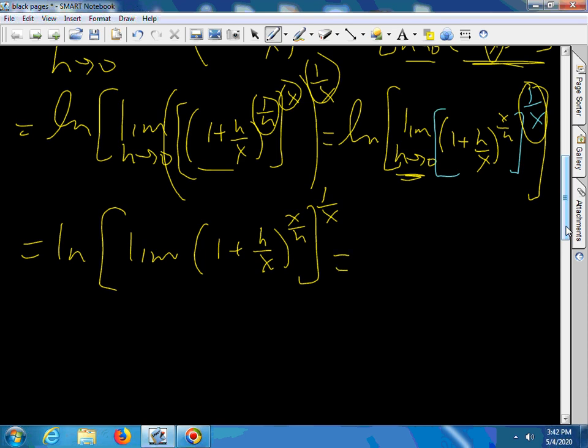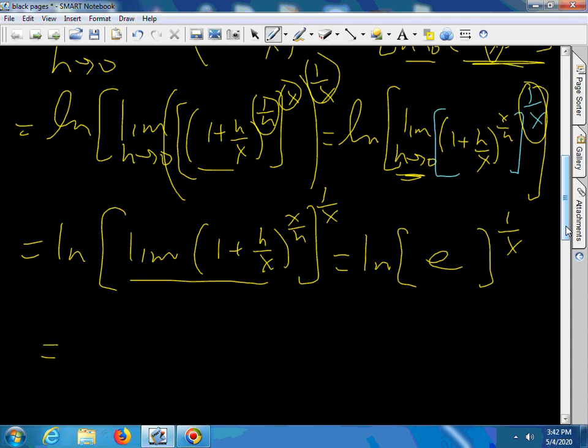So this is equal to ln of the limit raised to the 1 over x. But this limit is e.